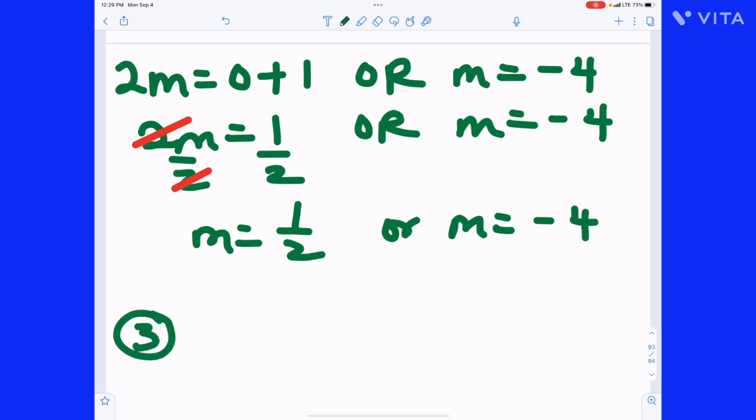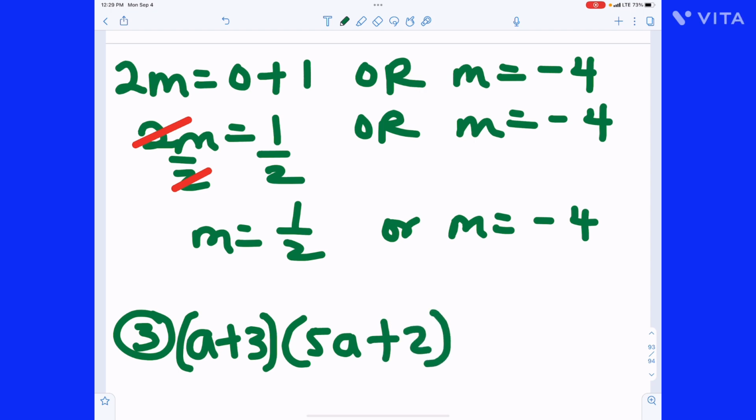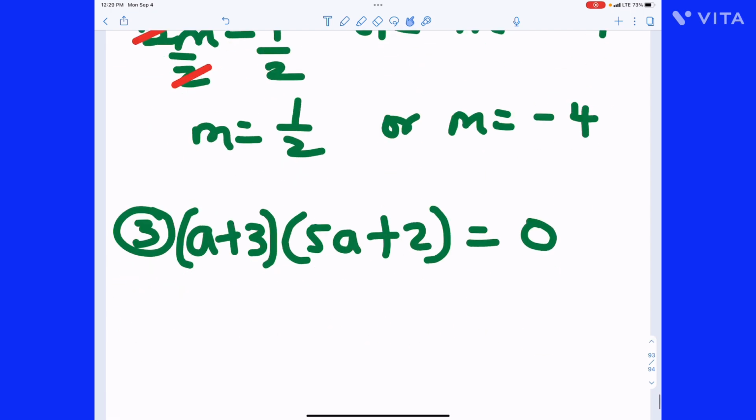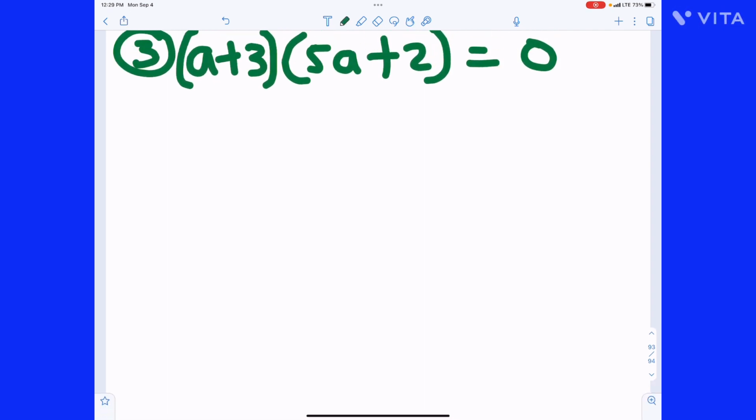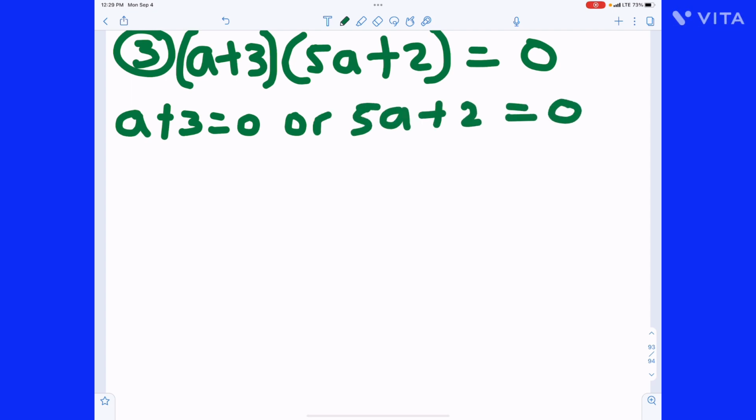Number 3. Open bracket a plus 3, close bracket, 5a plus 2, is 0. It's the same thing. I will split the two sides and write a plus 3 is 0 or 5a plus 2 is 0.